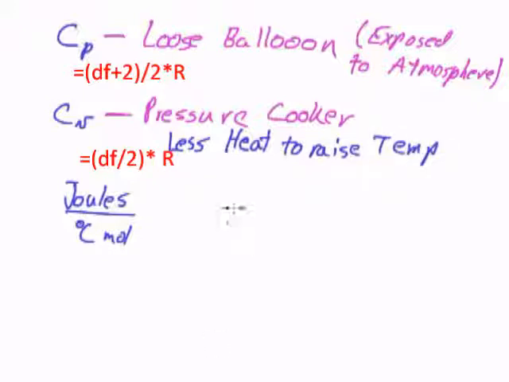And the basic thing that means is C sub V is less than C sub P. C sub P then takes more heat to raise the temperature at constant pressure than it does at constant volume. So C sub P is greater than C sub V. Now, as for exactly why and by how much, let's try to get into that in the next video.